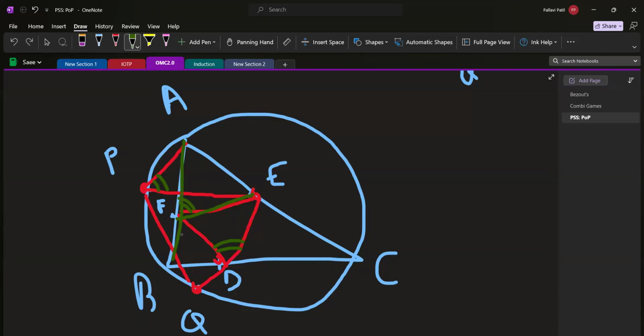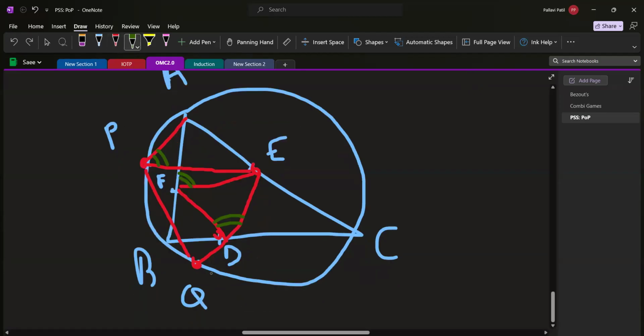Maybe drawing this would help. Okay. Interesting. We also haven't yet used the fact that Q, D, F, B are concyclic, so let's also use that.